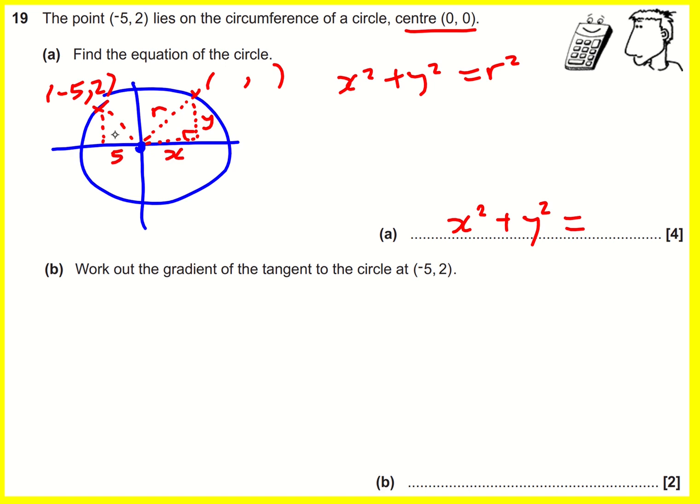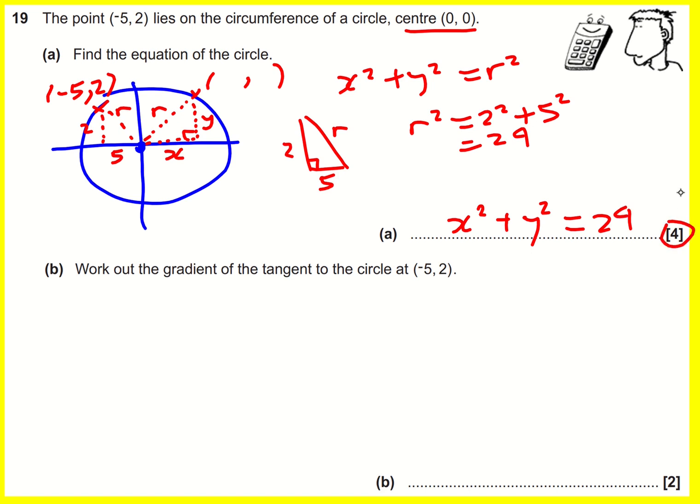I know it's in the negative direction, but I'm just considering the triangle by itself now, and a height of 2. I'll draw it over here. And then I've still got r as that hypotenuse. So r squared is equal to 2 squared plus 5 squared, which is 4 plus 25, which is 29. And that's what I need. So x squared plus y squared equals 29.